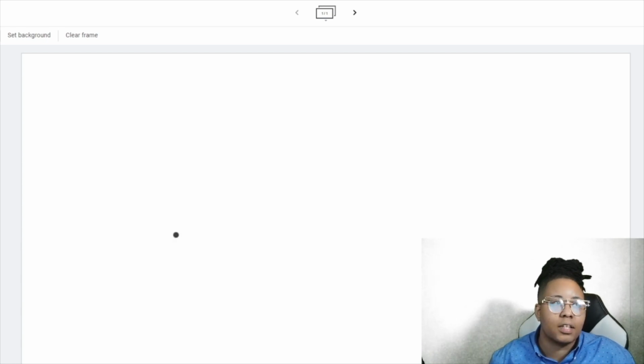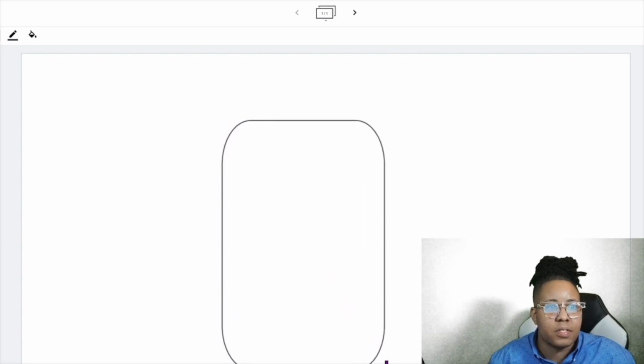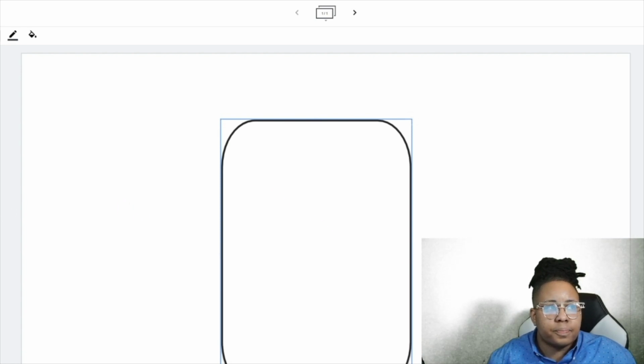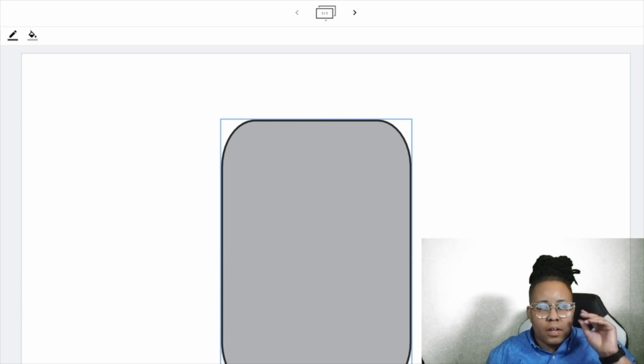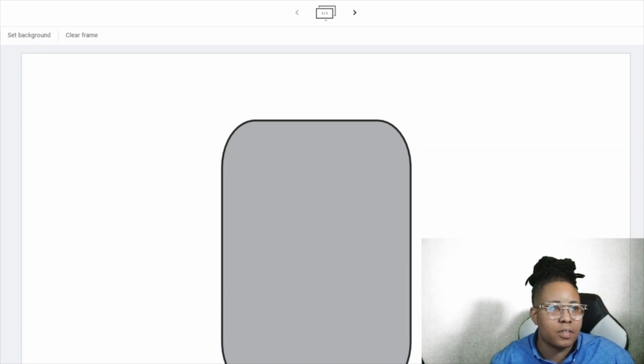So let's take a look at this. Let's start out looking at the shape of the iPad. So it's shaped something like this. And I'll go ahead and fill it in as well. There we go. And I know that I don't want to drop it, so maybe I can make an addition to the iPad.